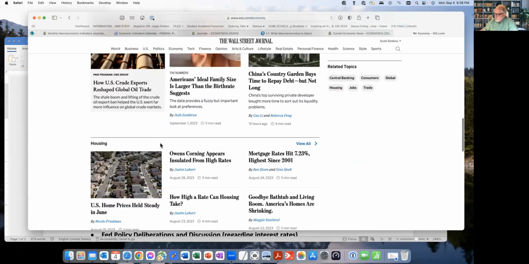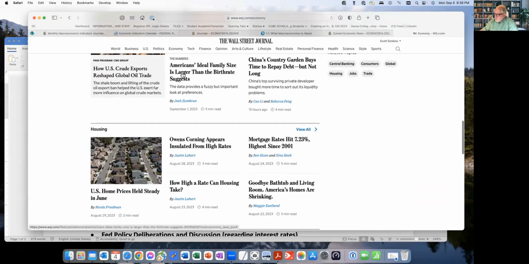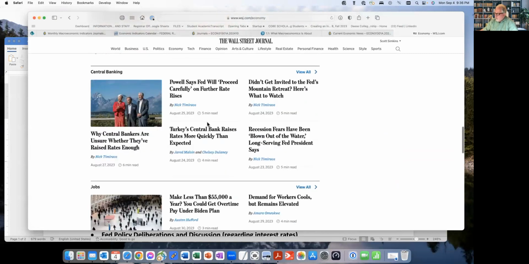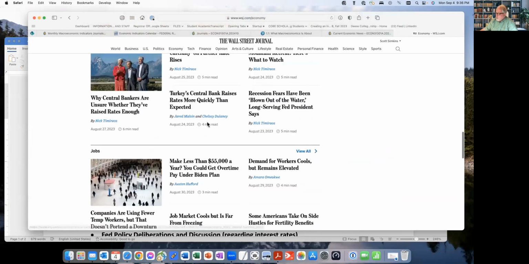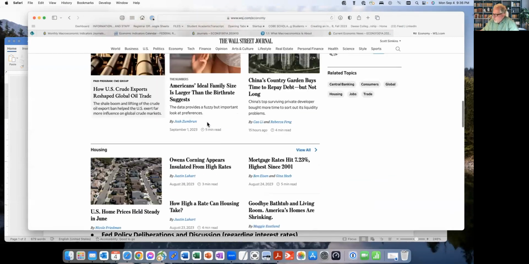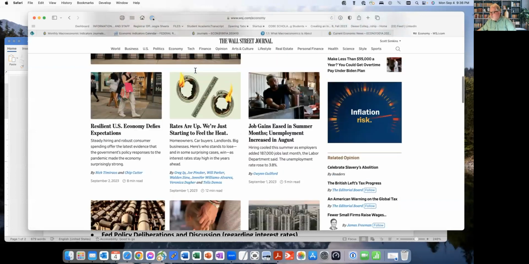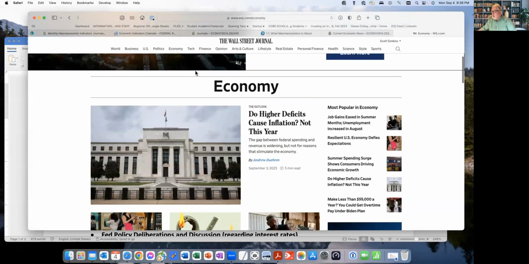An interesting one about family size, we'll be talking about that in chapter 3 and chapter 6 when we talk about economic growth. There are a whole bunch of different things each week that come out, and these are relevant for us. So you should be reading the Wall Street Journal on a daily basis, one or two pieces every day.